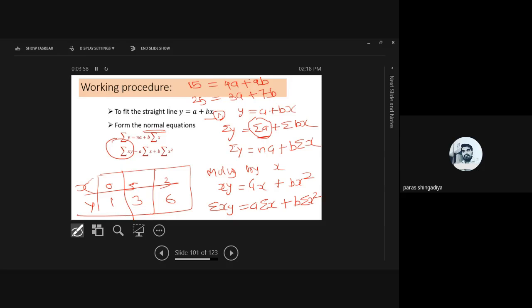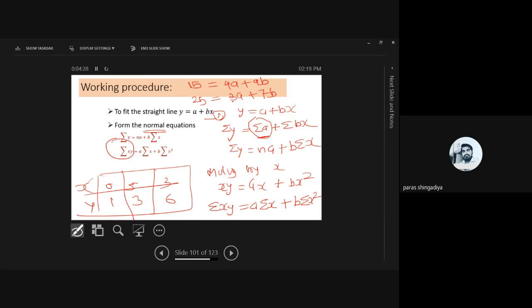When we replace all these values, sigma x will be constant, sigma xy will be constant, sigma x square will be constant, a single constant value. So when we replace in these equations, you will get two straight line equations. Okay, that is a straight line equation. 15 is equal to 4a plus 9b, and 25 is equal to 3a plus 7b. And solve these two equations and identify a and b.